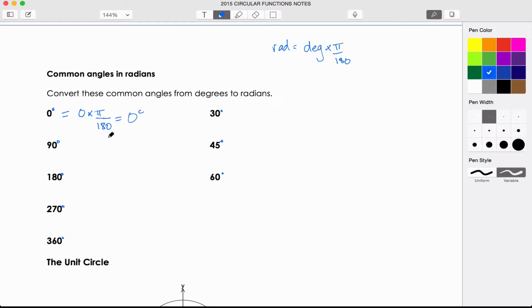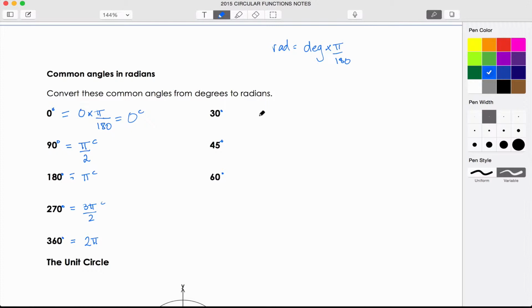And you can continue. I'm just going to give you the solutions you should have. Remember to leave your solutions as an exact answer, so it should have a pi in it. So 90 degrees is pi over 2 radians, 180 degrees is pi radians, 270 is 3 pi over 2 radians, and 360 we already know is 2 pi radians.